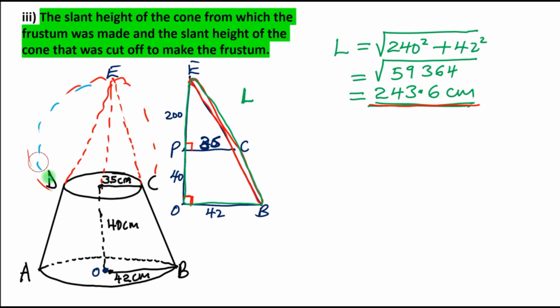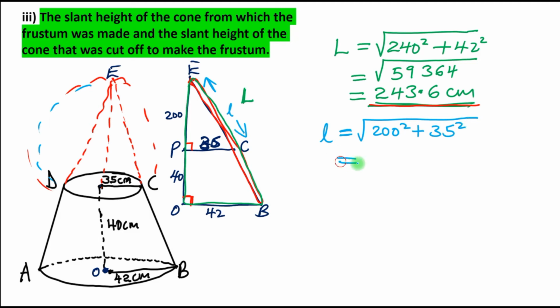So we use small l, the slant length of the smaller cone, which will be equal to the square root of 200 squared plus 35 squared.